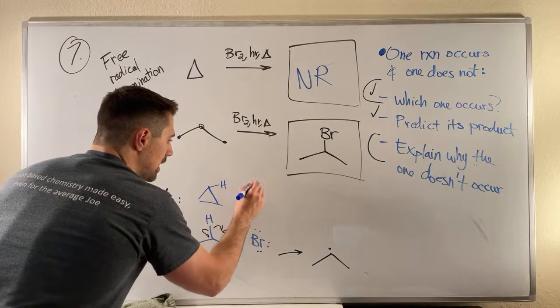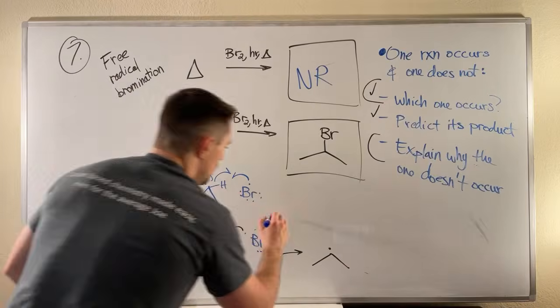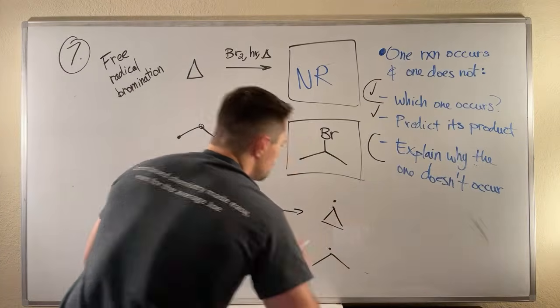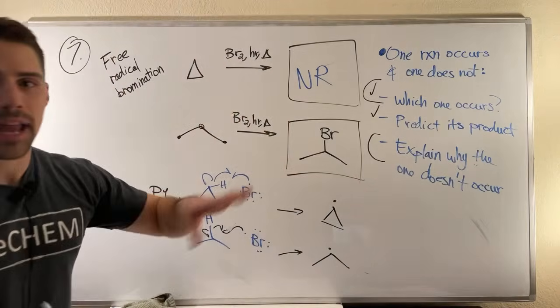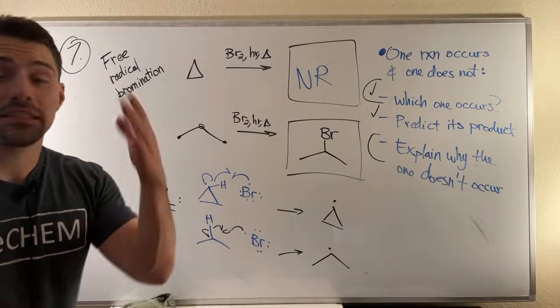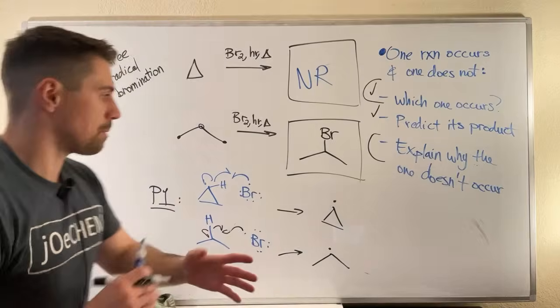Now that has to happen in the case of cyclopropane as well, and it's right here that really explains why this doesn't work. This is a bit tricky. Not that it's a footnote when you learn this stuff, but when you're learning free radical chlorination and bromination, what we're about to go into is something I kind of filed away as a footnote, but it is really important.